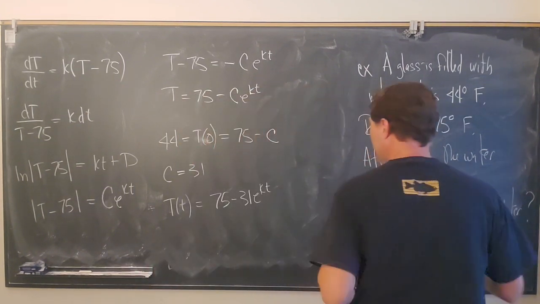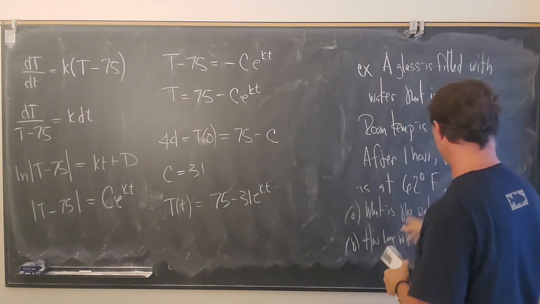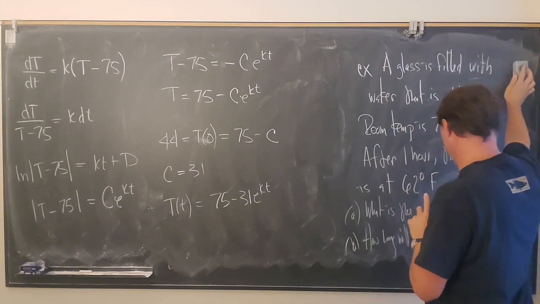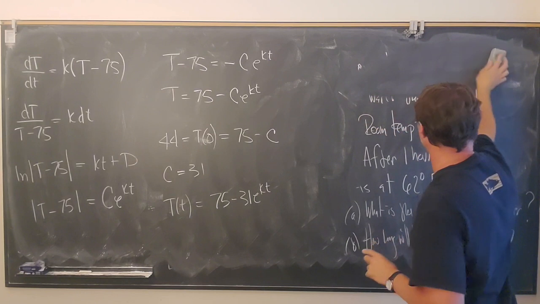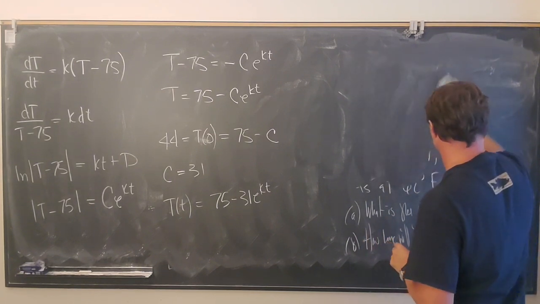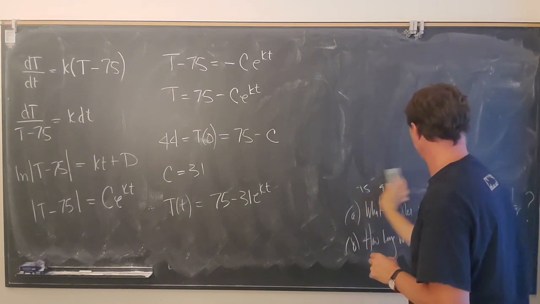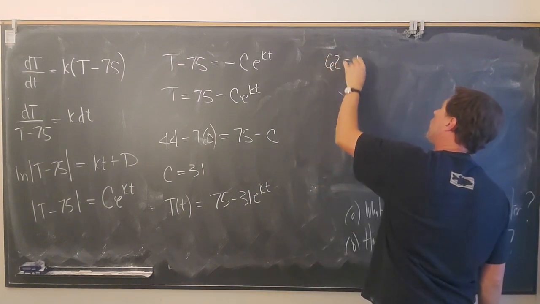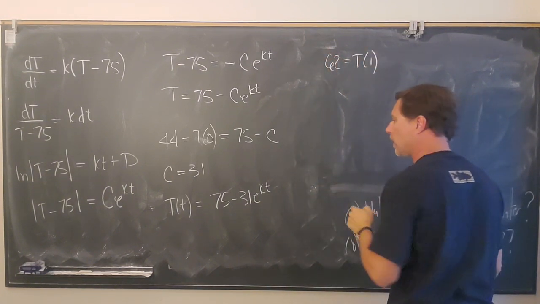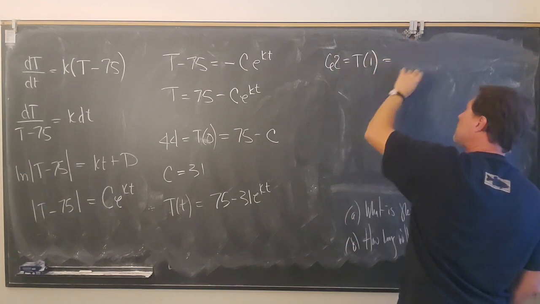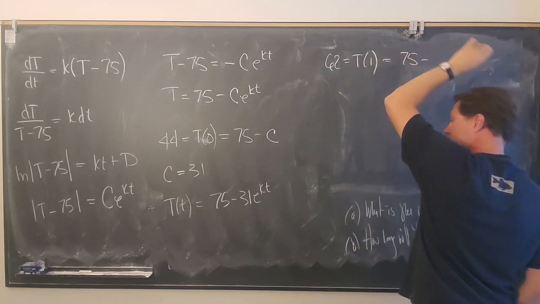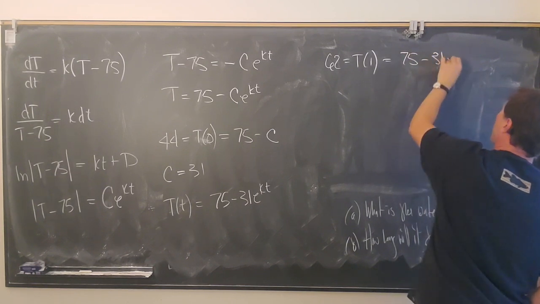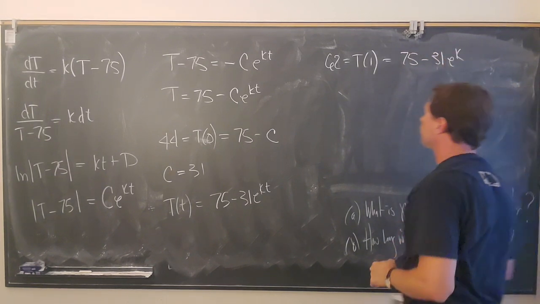Okay, now I need to find k, and I need to use this next piece of information, the 62. So after 1 hour, the temperature is at 62. So we have 62 equals T of 1, which equals 75 minus 31 e to the k.